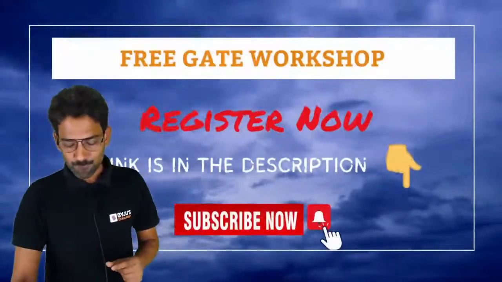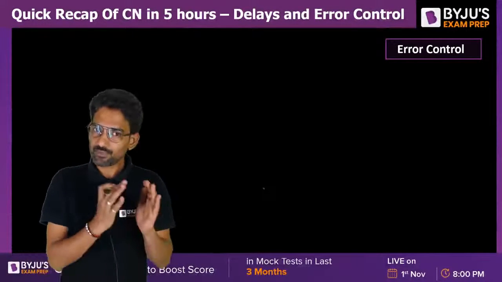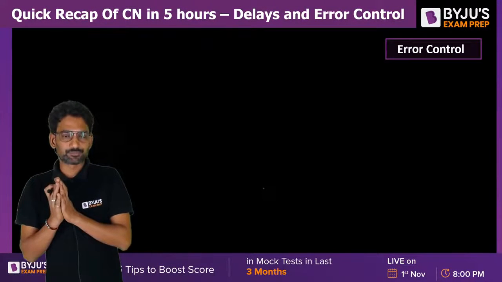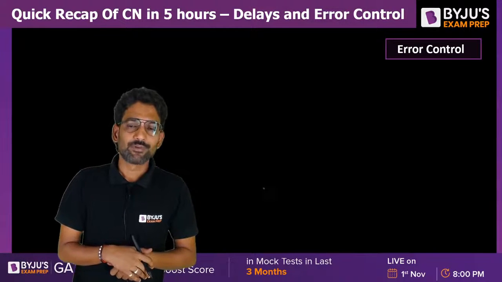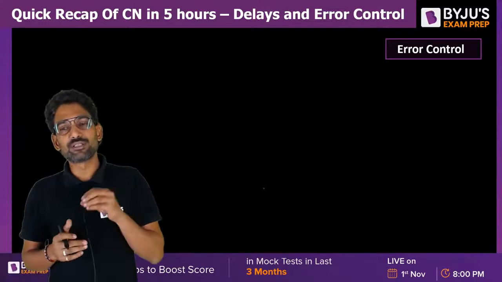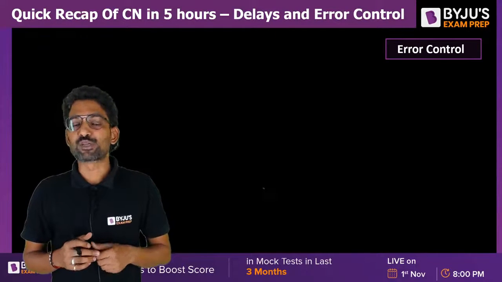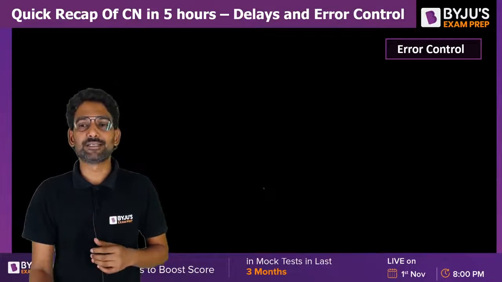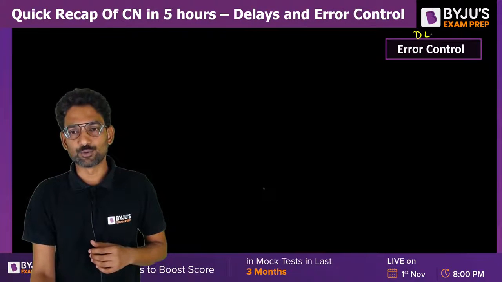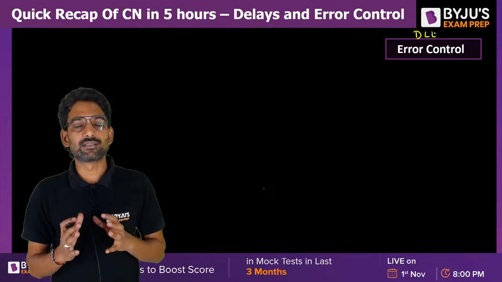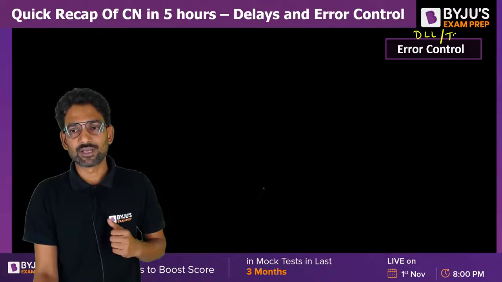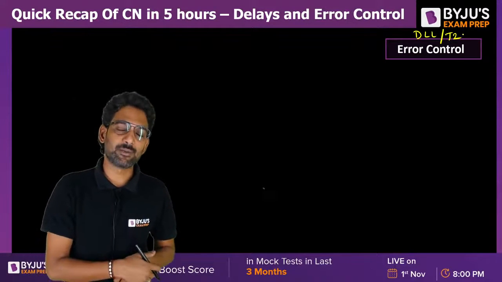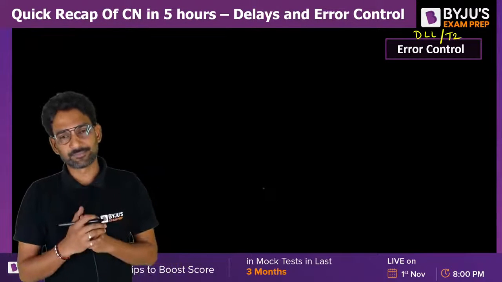Okay. Now guys, delays part over. Now error control. We know error control is majorly the functionality of data link layer, which is layer 2. That is the reason why data link layer adds the trailer, where this error handling information is kept.